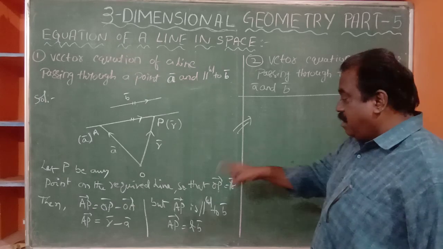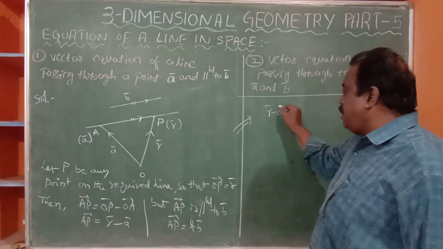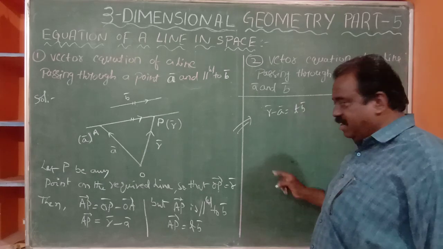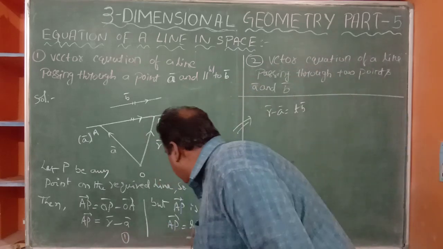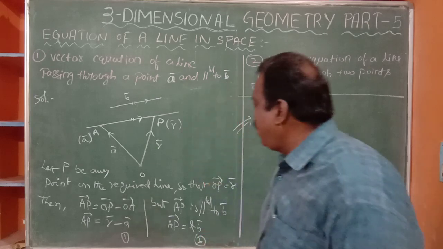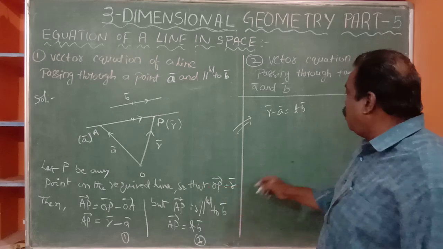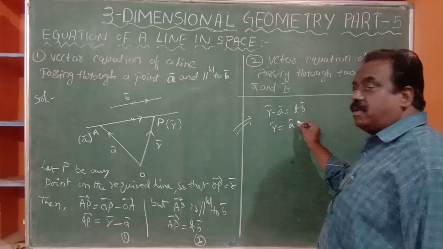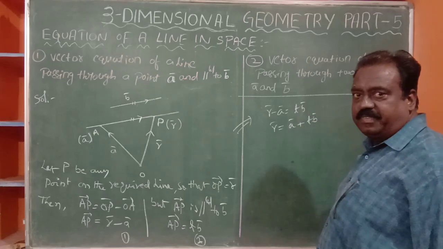From these two equations, R bar minus A bar is equal to TB bar. You agree? Say it is 1 and the other is 2. From 1 and 2, we get R bar minus A bar is equal to TB bar. Then what about R bar? This A bar goes to this side: A bar plus TB bar.